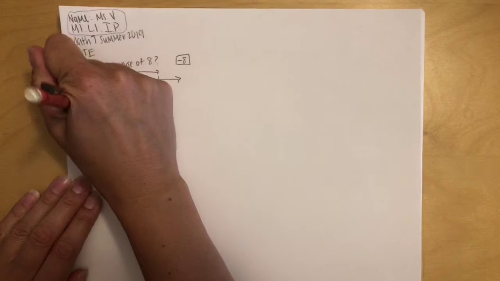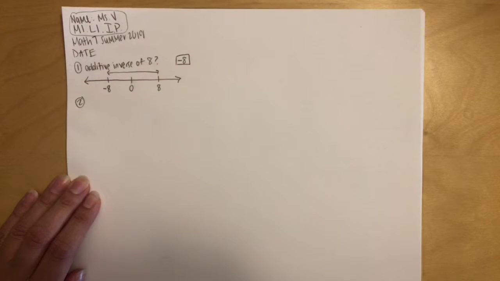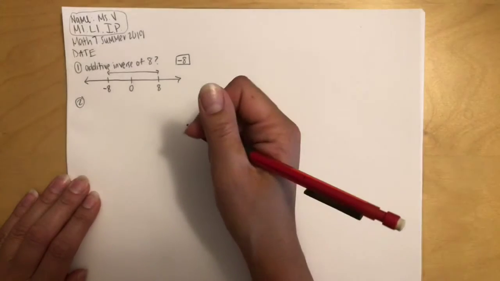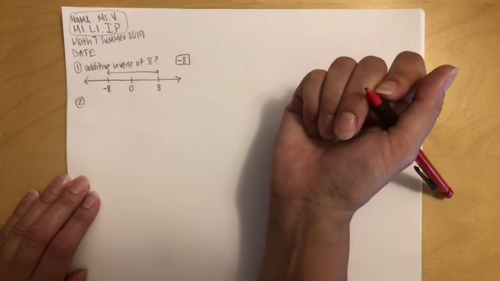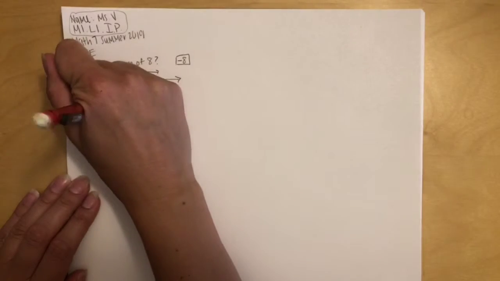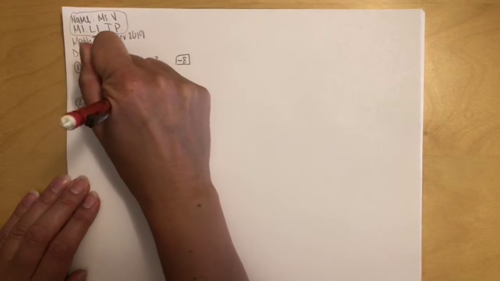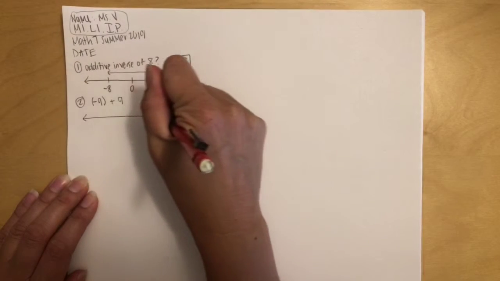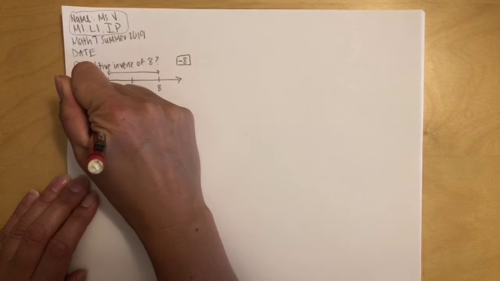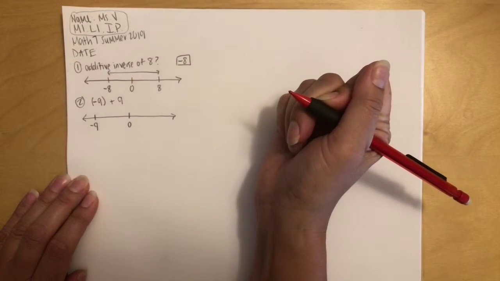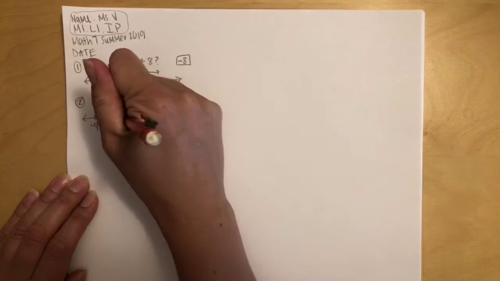Number 2. I'm going to scroll on my paper on my computer. It says evaluate, -9 plus 9. So I don't need to write the word evaluate here. I can just put -9 plus 9. I need to prove what that equals. I need to prove also what it is saying. It is saying that we are starting at -9 and we are going to add 9.